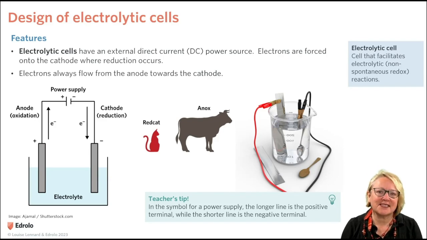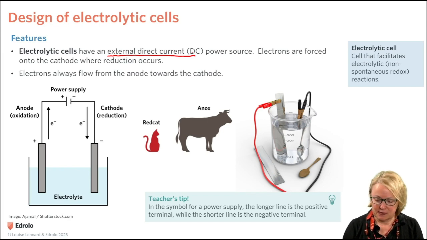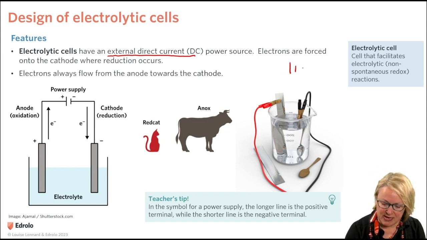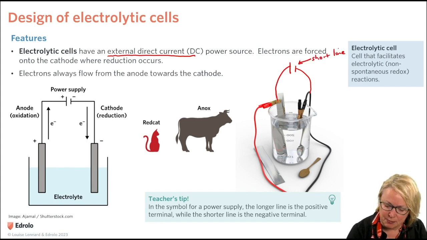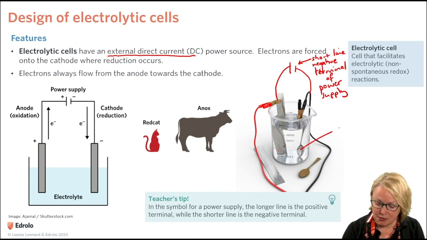Okay, so let's start off by looking at the design of electrolytic cells. They have an external direct current or power source, and we can draw that in our silver plating cell as a short line to represent the negative terminal of the power supply, and that's connected to the cathode, and the cathode in this example is our spoon.